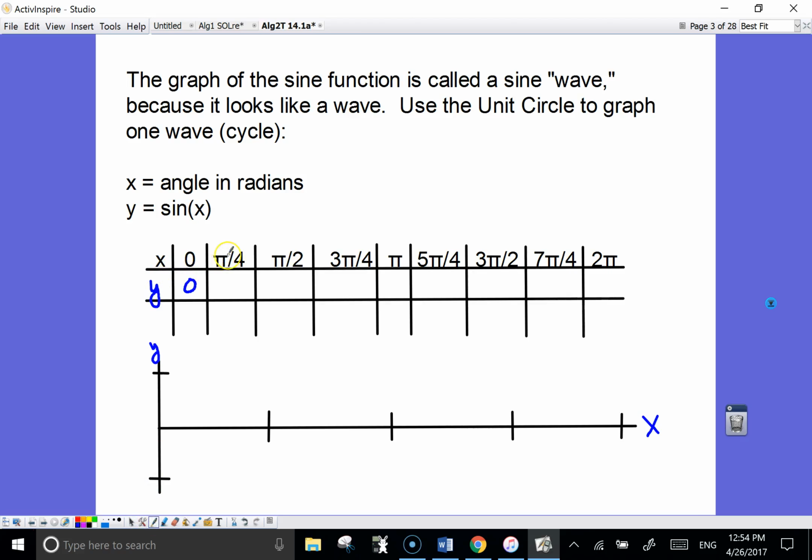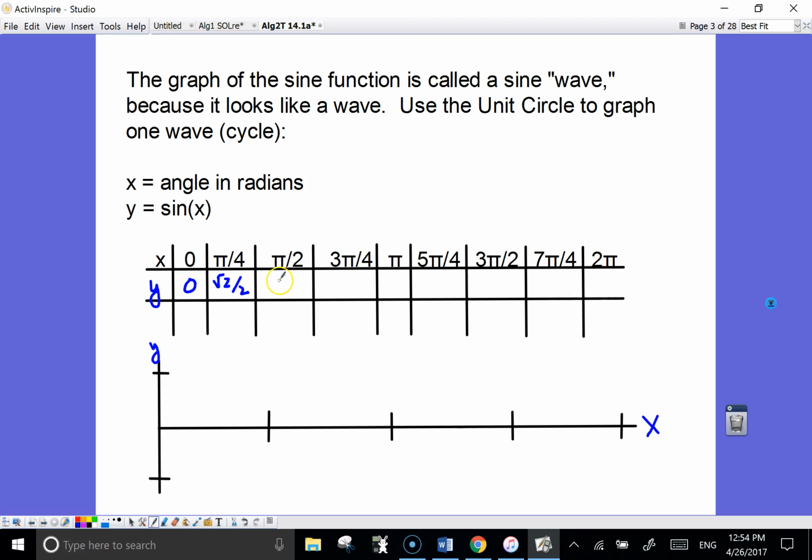So y is 0. At pi over 4, what's the y coordinate on the unit circle? That's the sine, right? Root 2 over 2, right? So that's root 2 over 2.